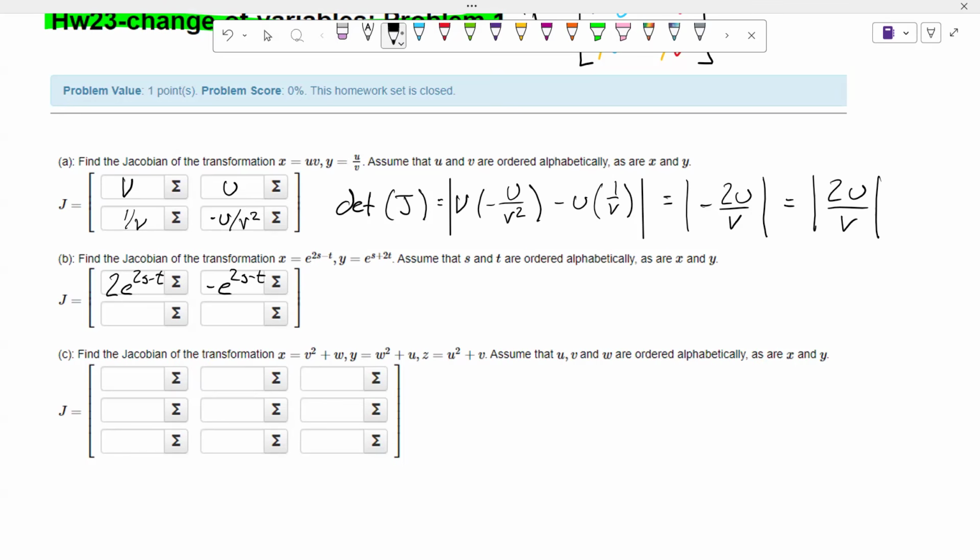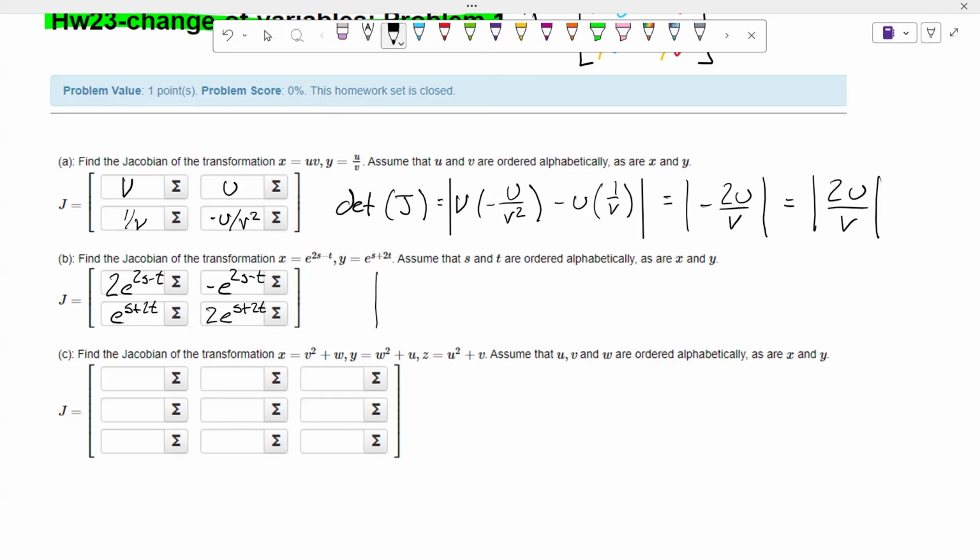Across the bottom row, we want the y partials. So y partial s looks like 1 e to the s plus 2t. And y partial t, 2e to the s plus 2t. And we might as well go get our determinant here as well. And what does it look like?